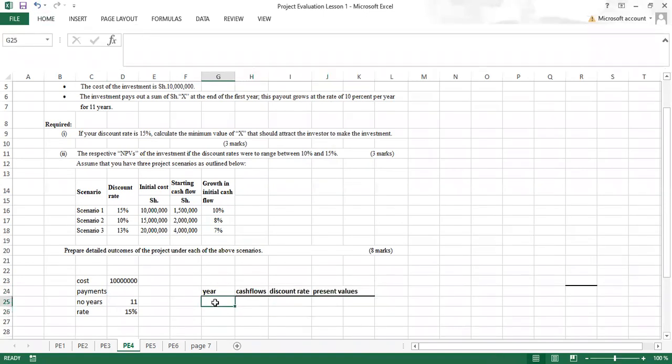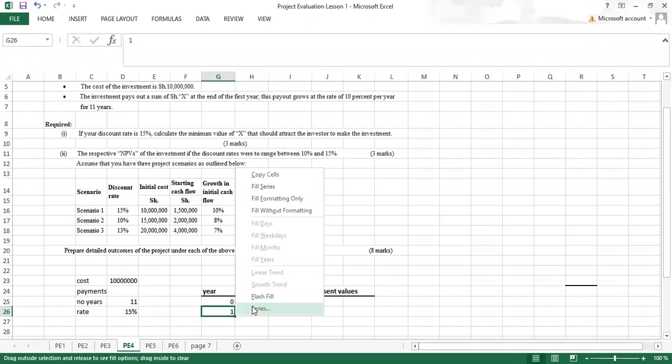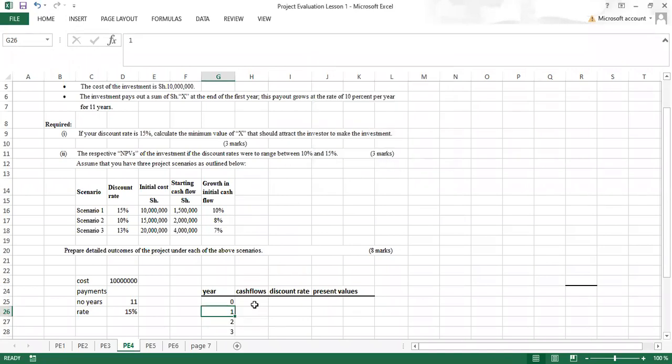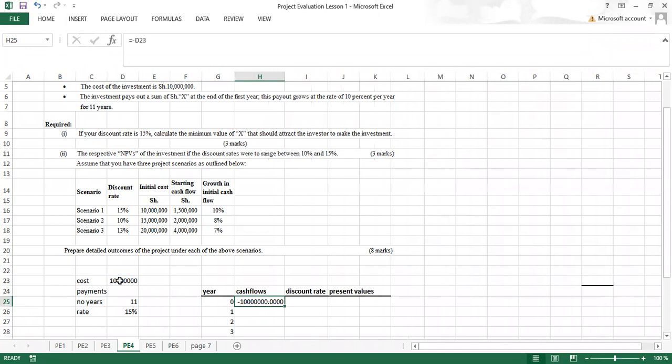So we start our year from 0, enter 1, Control Enter, then you come down, right click and hold, drag down, you come to series, you change to columns, number 11, then okay. Our cash flows will be negative. This one, Control Enter.